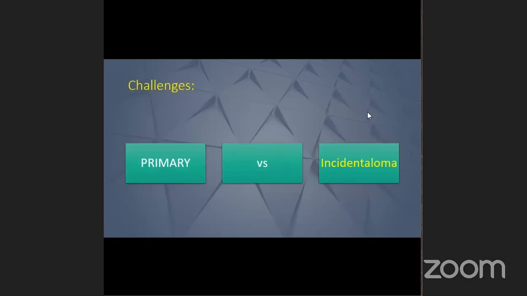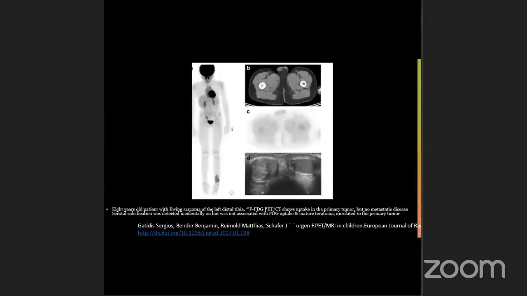And there are also some challenges you have to know about. When you analyze these images, you will find what are called incidental lesions. When you find incidental lesions, you have to be careful because they can cause a distraction or deviation in your way of thinking.